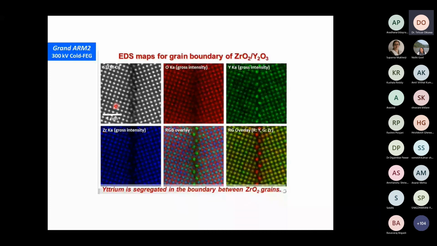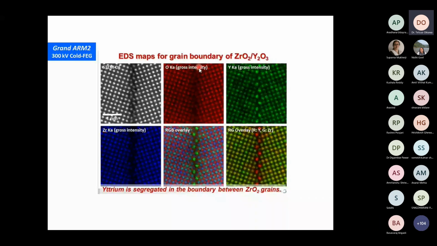This is an example from a JEM-ARM300F, 300 kV aberration corrected microscope. The specimen was a zirconium oxide crystal. Here is a grain boundary of the crystal. The white dots correspond to the heavy zirconium atom arrangement, but a low concentration of dopant yttrium atoms is segregated at the interface.